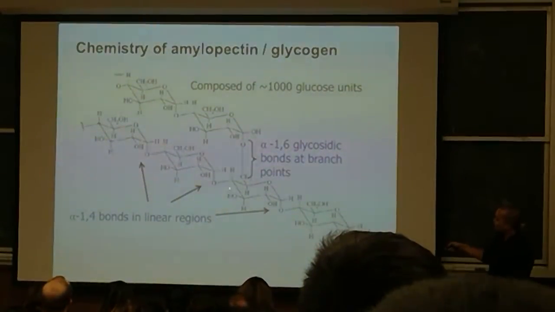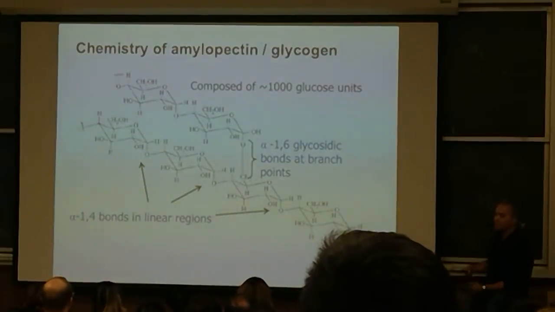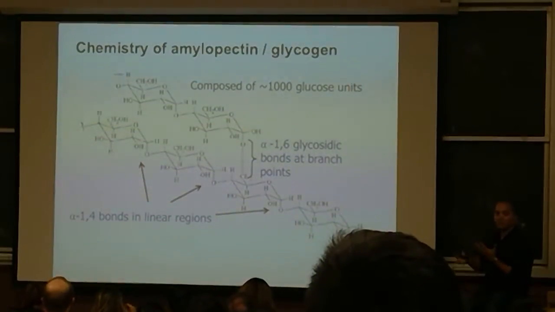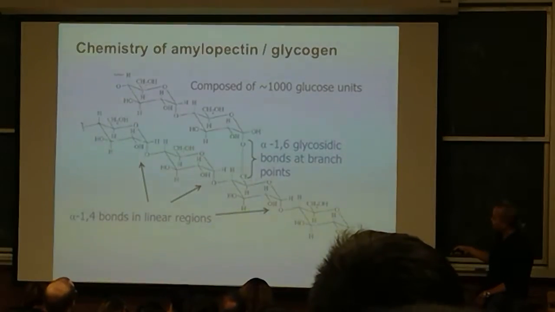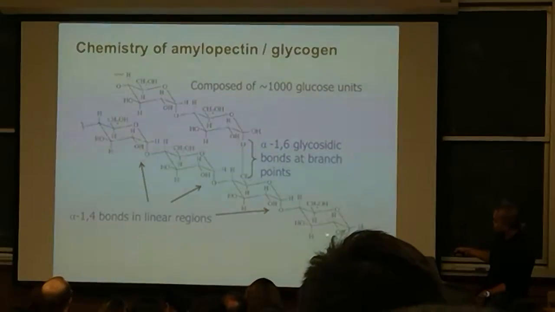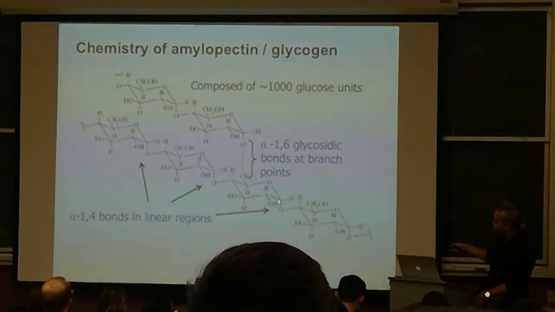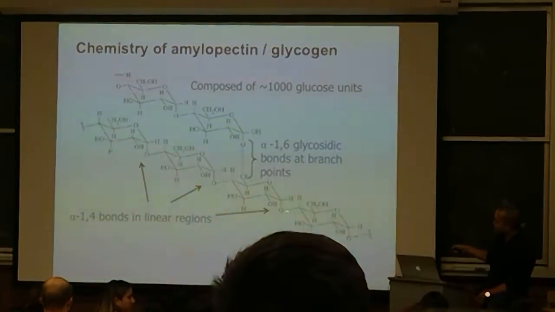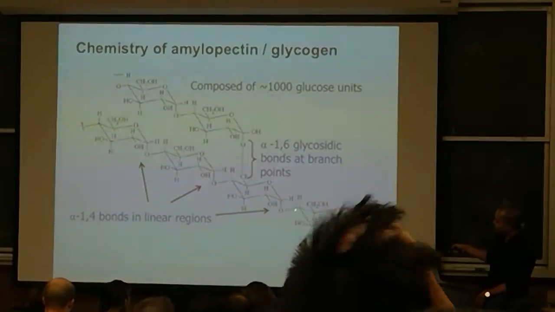So here we have the cyclic form of our glucose, except it's in the chair conformation, which is a little bit more accurate for how these sugars actually look. And if we look at one of these units, we have the 1 carbon, the anomeric carbon, and it's linked via a glycosidic bond.